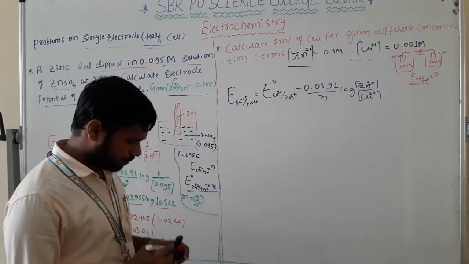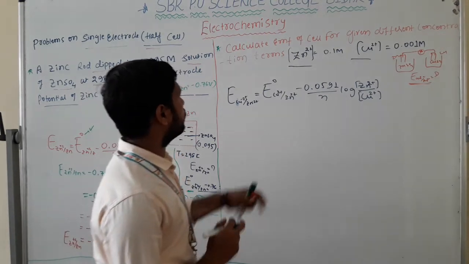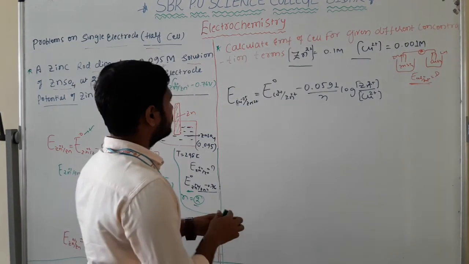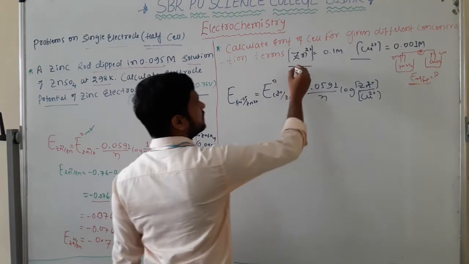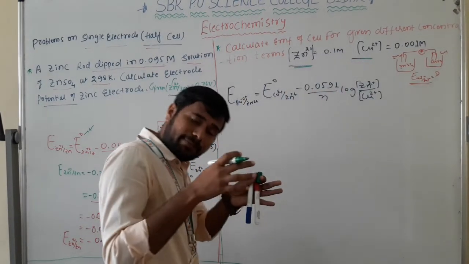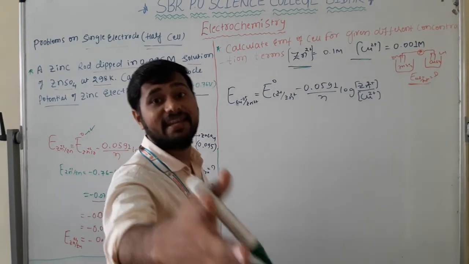Already you know the standard electrode potential of the Daniell cell, because zinc and copper are coming in that particular cell, which is a Daniell cell.